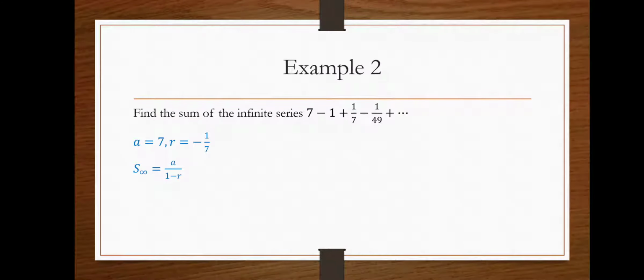So the formula for finding the sum of an infinite series is a by 1 minus r, and once again let me tell you that the value of r is between 1 and minus 1. So that's the indication that you can actually expect an infinite sum of this particular series. Just put the formula and calculate, and so this is your answer.